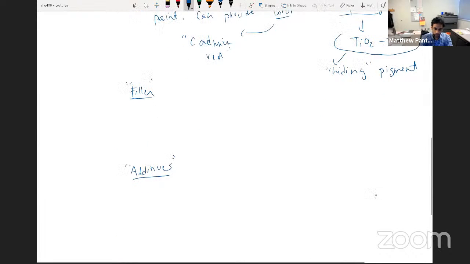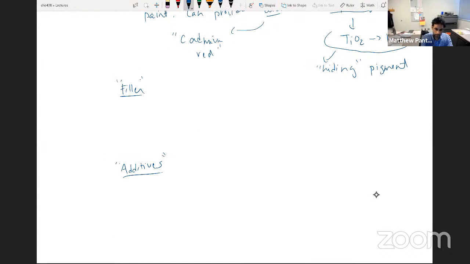Okay, so filler. Filler is exactly what you might expect. It is additional, usually inexpensive, material that you put into paint. It can have a few functions.